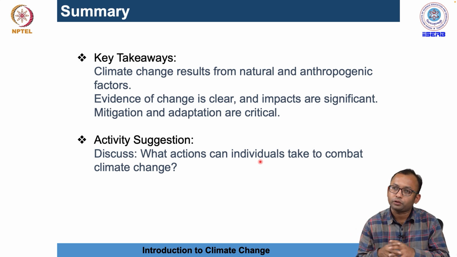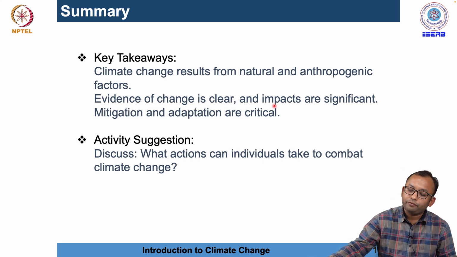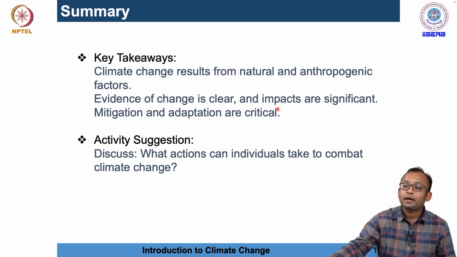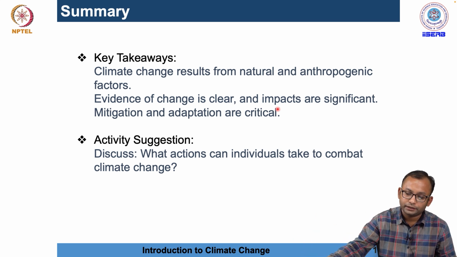Then we have also discussed why mitigation and adaptation are critical, and what has happened in the past based on different international agreements on several types of mitigation and adaptation planning as well.